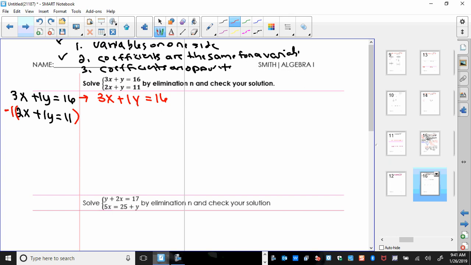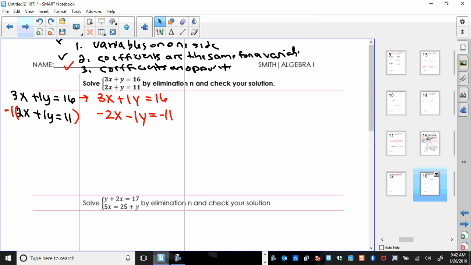But in order to have the negative, what I do to one term, I have to do to every single term as a rule in algebra. So 2x is positive, it becomes negative 2x. 1y is positive, it becomes negative 1y. And equals positive 11 becomes negative 11.